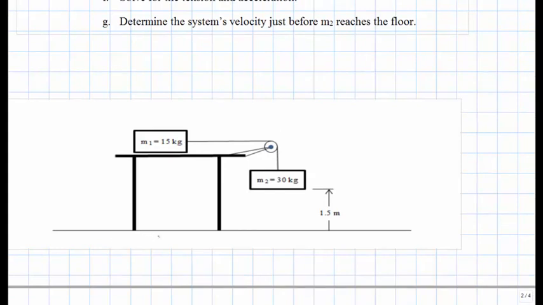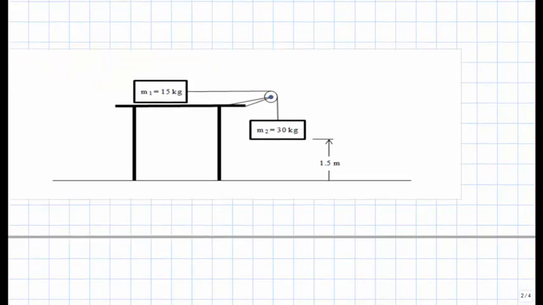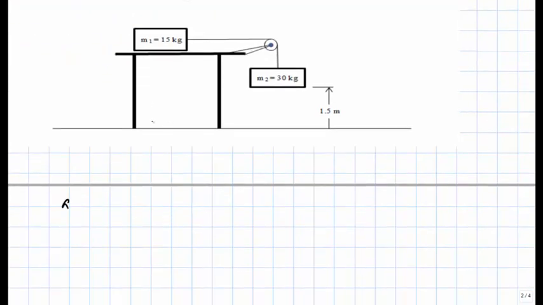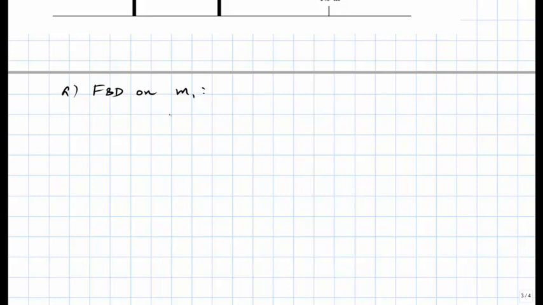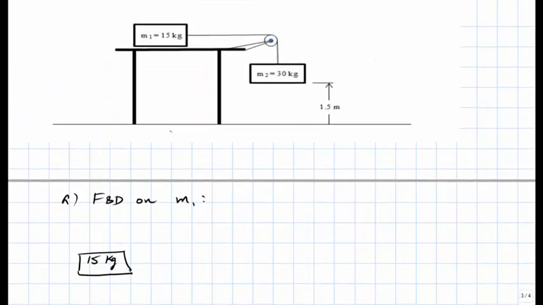So let's begin by drawing a free body diagram for this first mass. So here's our 15 kilogram mass. We're isolating it from the rest of the system, and can you think of a force that's acting on this block? Here's the block.